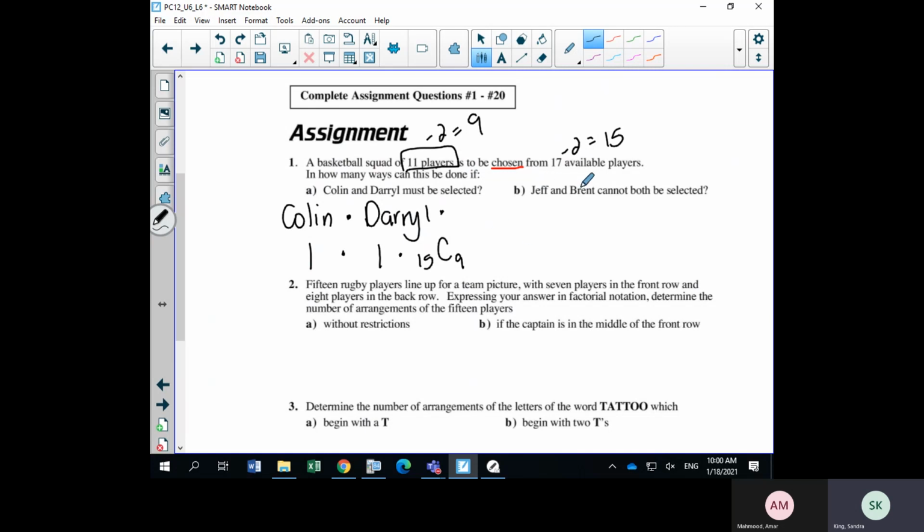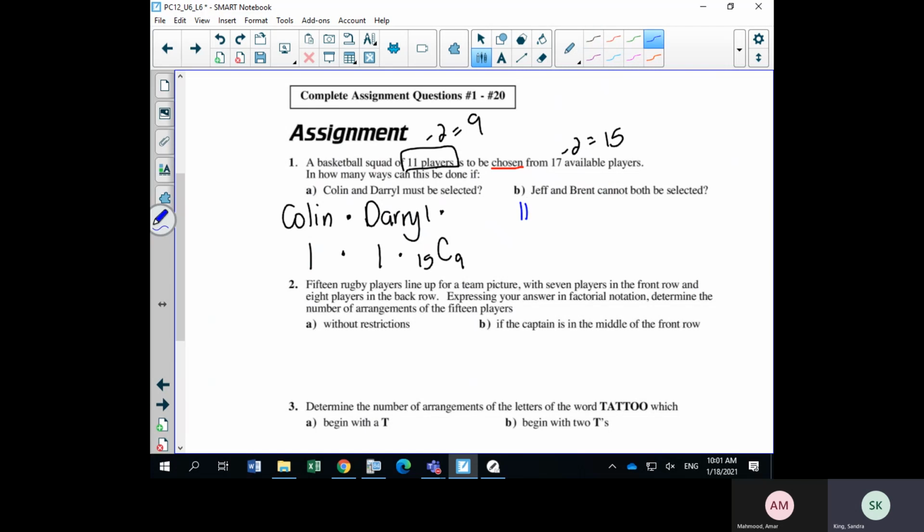Okay, Jeff and Brent cannot be selected. If ever you say they can't be selected, it's easiest to do the complement. When you can't select something, you want to say what's the complement of that. So the complement would be Jeff and Brent are both selected.